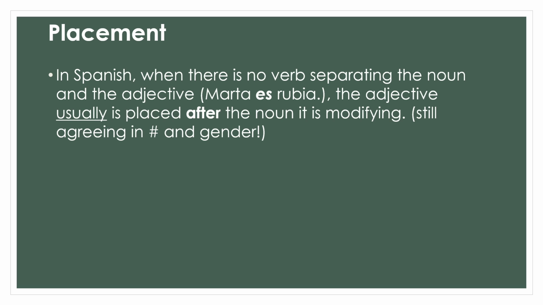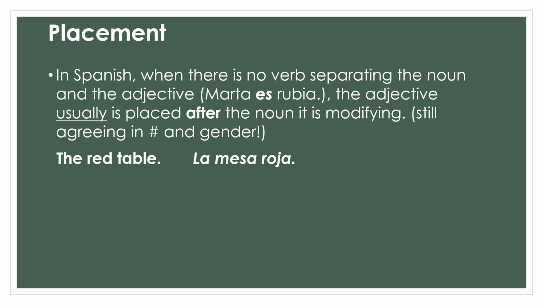It's still agreeing in number and gender, still singular, plural, masculine, feminine with the noun that it's modifying, but it comes afterwards. So if in English we say the red table, in Spanish you're going to have the table first and then you're going to add red, okay, making sure it agrees in number and gender. So how would you say that? Add the table and then your adjective red, but make red agree with the noun the table.